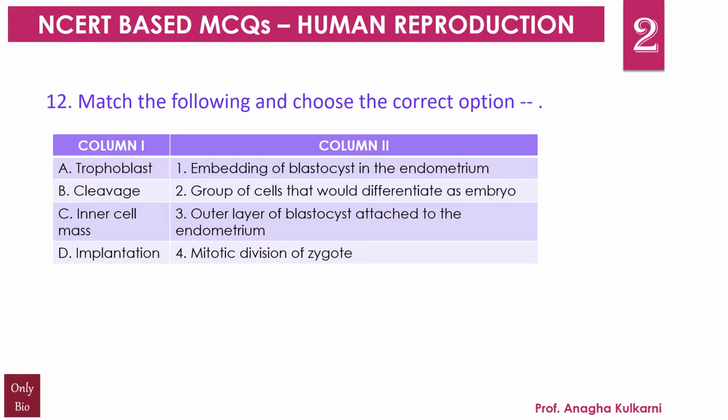And in column 2, we have first embedding of blastocyst in the endometrium, second group of cells that would differentiate as the embryo, third outer layer of blastocyst attached to the endometrium, and fourth mitotic division of the zygote. And the options given here are option A, wherein A is 2, B is 1, C is 3 and D is 4.